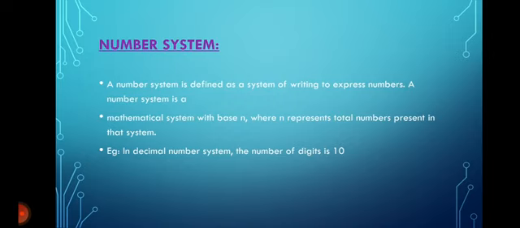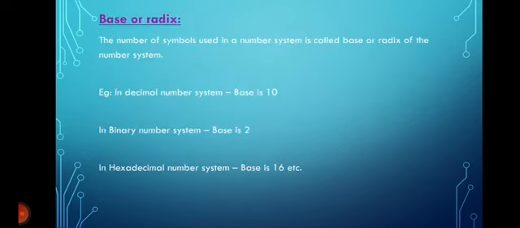For example, in the decimal number system, the number of digits is 10. So in this, the important point is base or radix. So what is it?